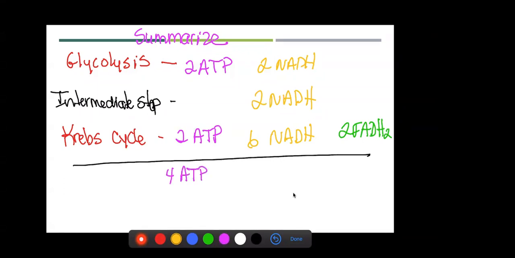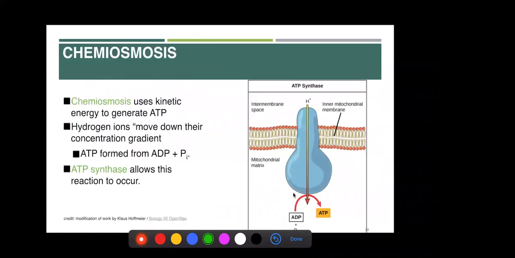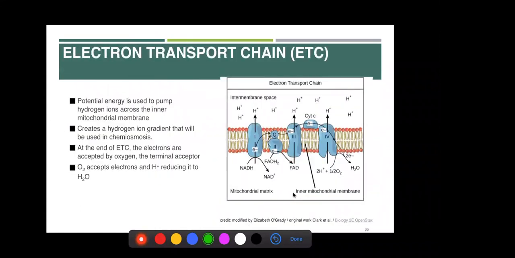ATPs, 10 NADHs, and 2 FADH2. We still don't have anywhere near our 30s, but for every pump I go through, 1 proton is pumped, and I get 1 ATP for every proton.